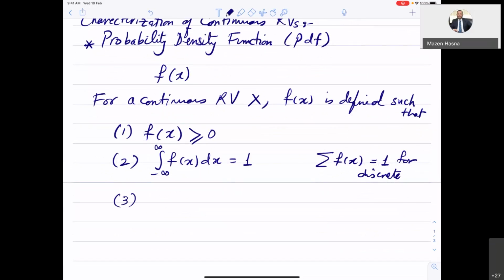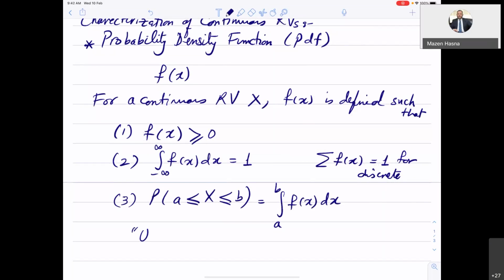Number 3 is that the probability that our random variable is between two specific values is simply defined as integration from a to b of f of x dx, i.e., it's the area under the curve in the selected range.